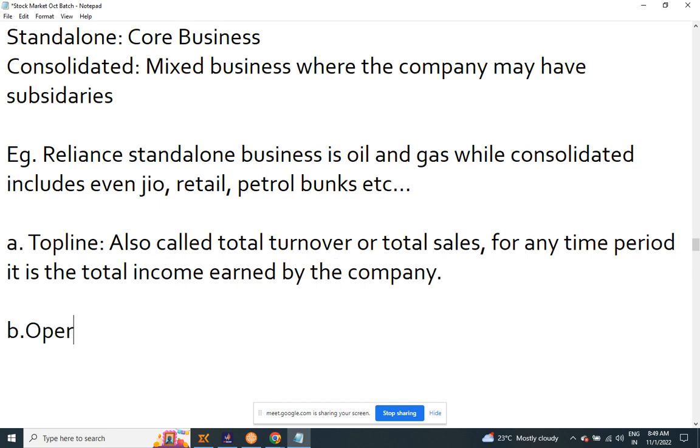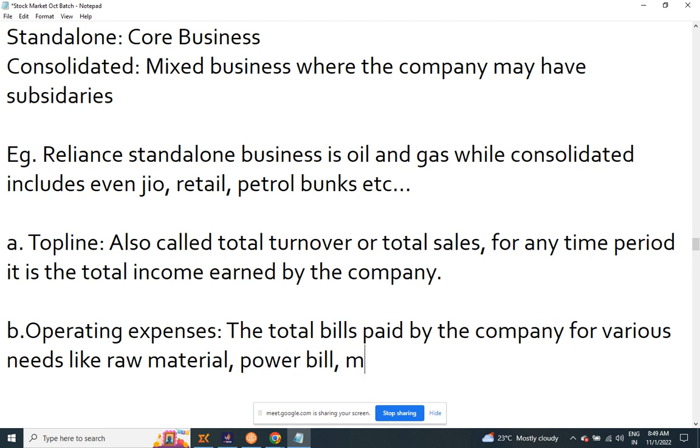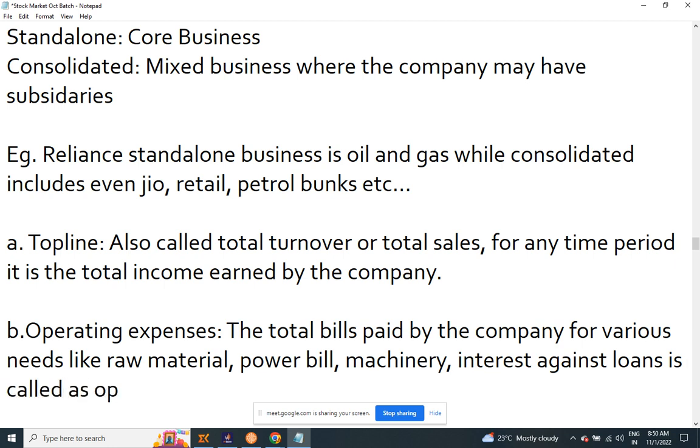Then second, you have the operating expenses. This doesn't come.